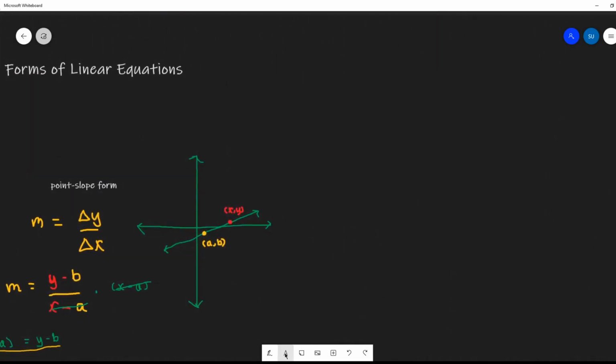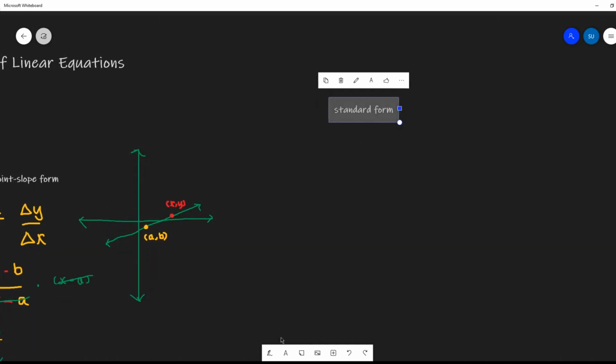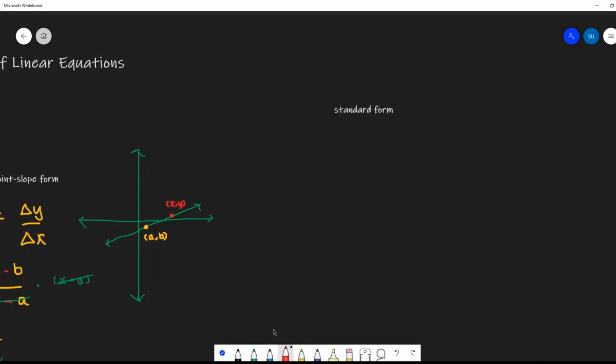Now the next form that we're going to get into is the standard form. And the standard form really focuses on getting you your intercepts. You'll see what I mean by this in a second once I write the actual form.